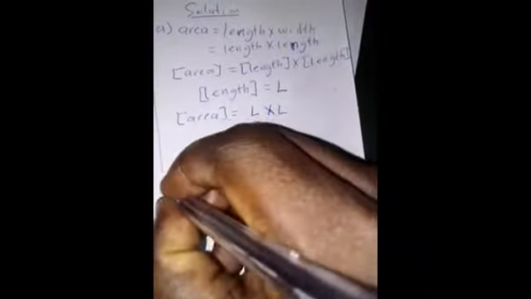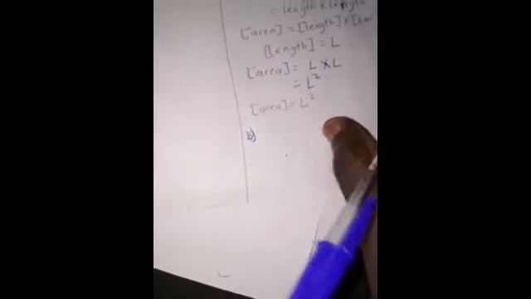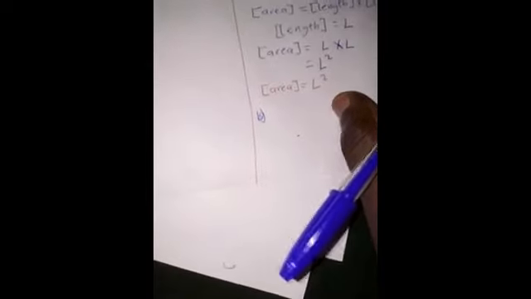Okay, let's try the B and C. Go for the B. For the B, let me just do it on different paper so that you can do all of them clearly.